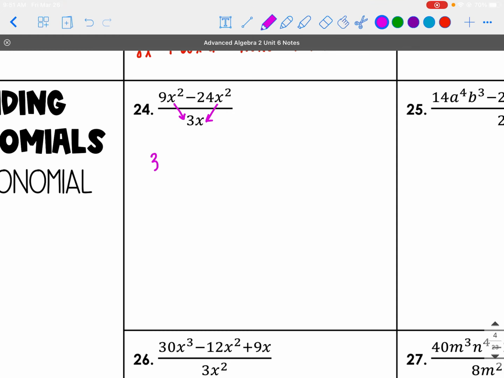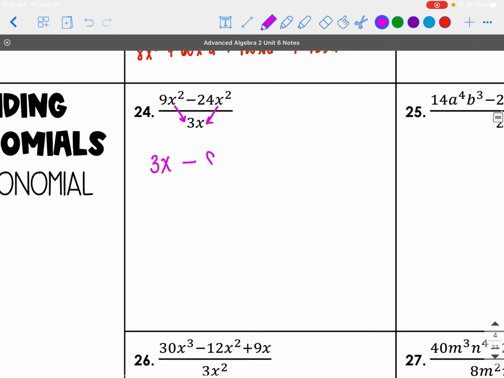So 9 divided by 3 is 3, and then x squared divided by x is x, minus 24 divided by 3 is 8, x squared divided by x is x, and 3x minus 8x is negative 5x.